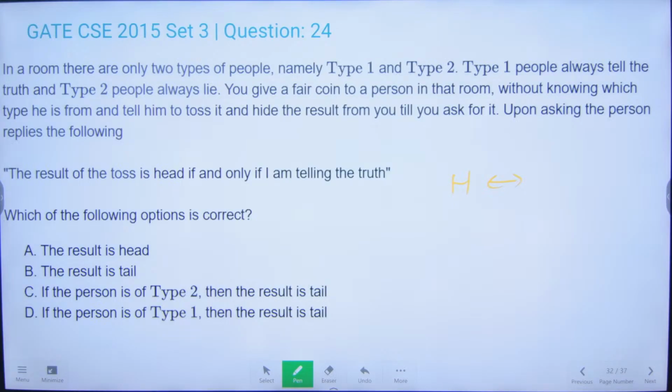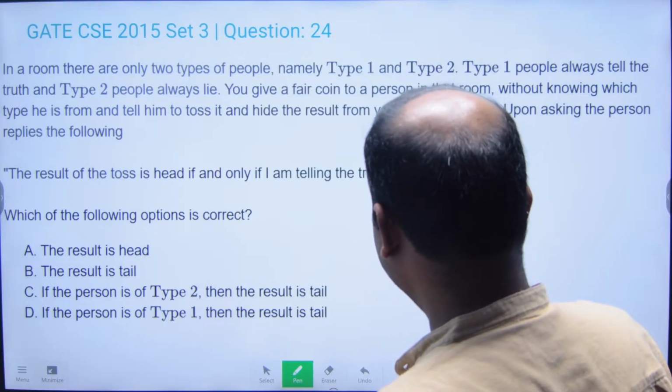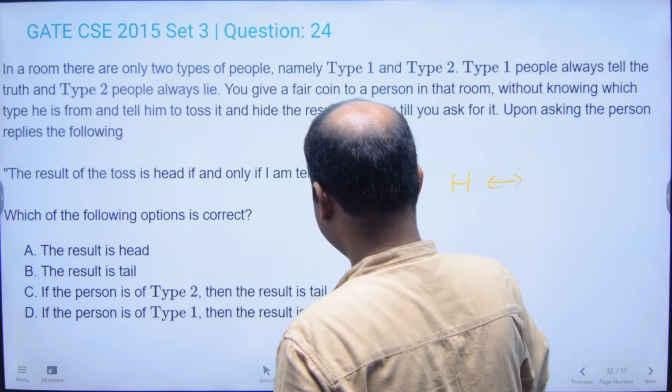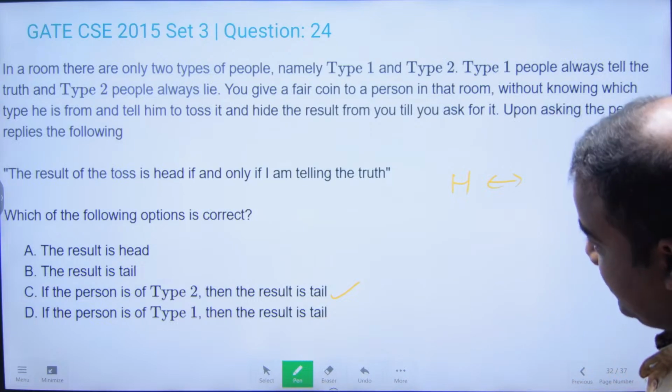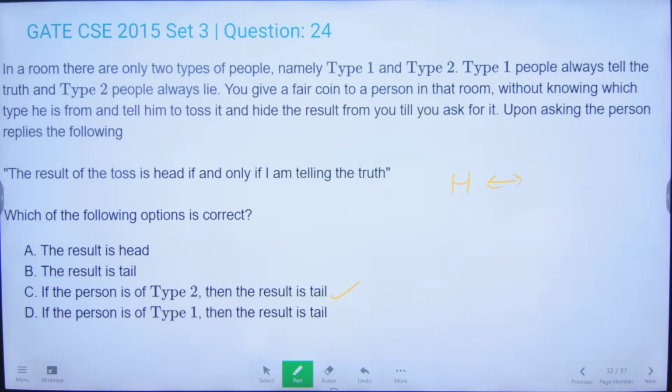So I think one of the answers will be option C. If the person is type 2, means he is telling a lie, then the result is tail. Yes, it is not head. That is correct. If the person is type 2, then the result is tail. There is no doubt.